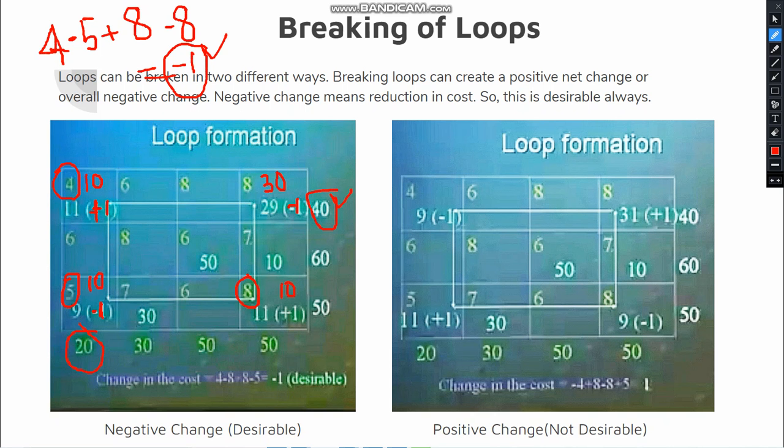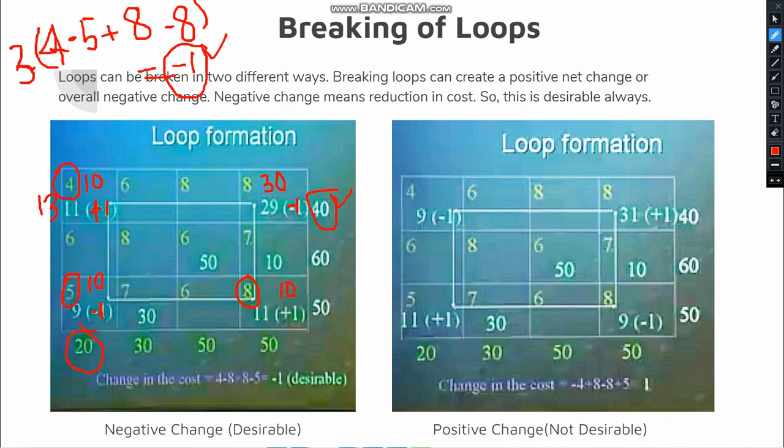Now if you go on increasing, so if you convert this 11 into 12, what will happen? There will be 2 multiplication here. If you go on changing this 11 into 13, what will happen? This 2 will change to 3.